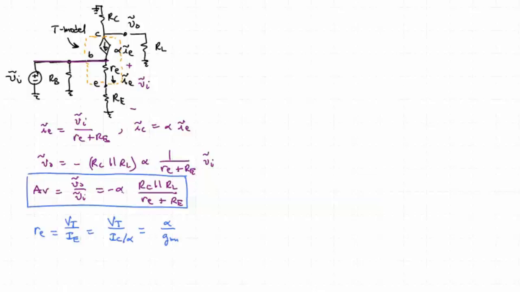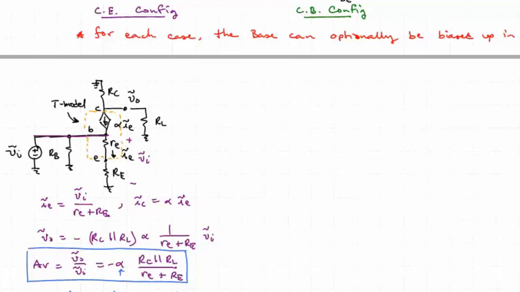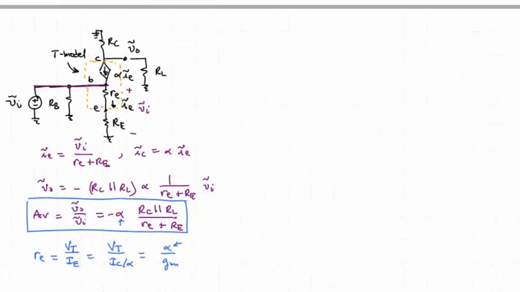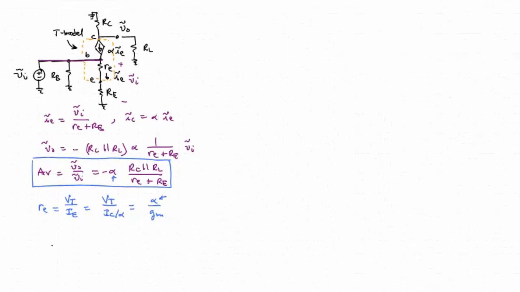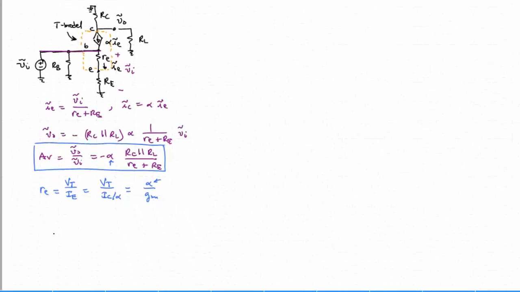The one thing that's different is the alpha. In both cases, the alpha that's here would have been 1 for the MOSFET amplifier. Now we can express a few other things. We can say that RO is going to be equal to simply RC.